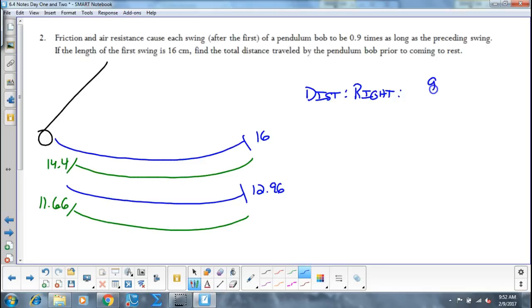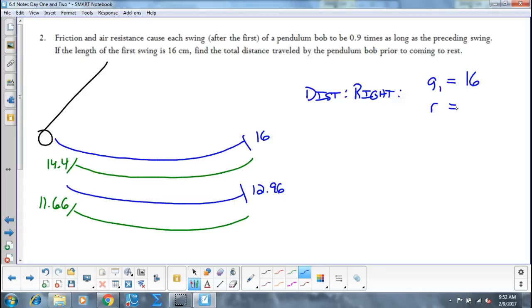What is my first term? 16. What is my R value? 9/10. You sure? Positive?